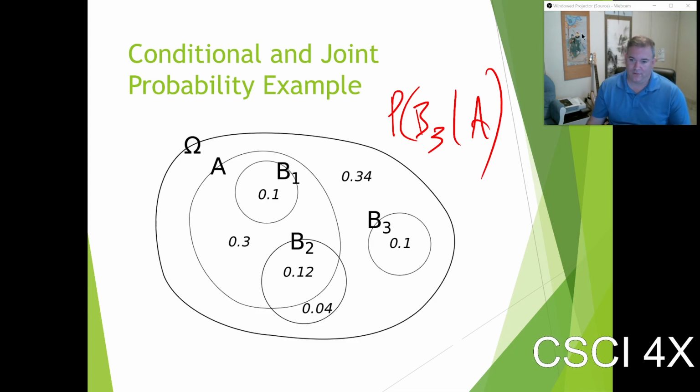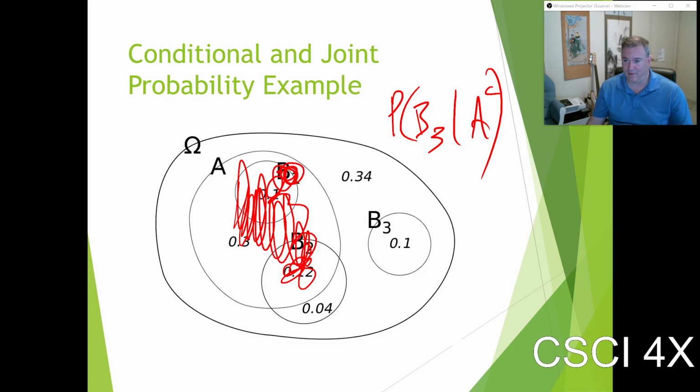All right, so probability B3 given A complement. So given that we know A can't happen, none of these. I'll pause the stream again, compute the probability that we get B3 given that A did not happen. And, all right, hit it.